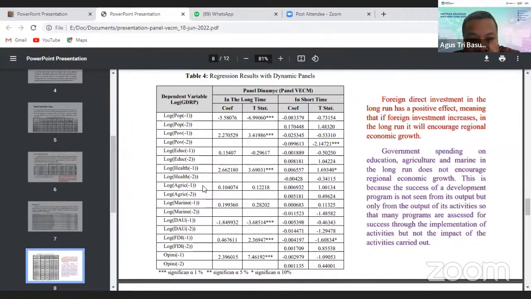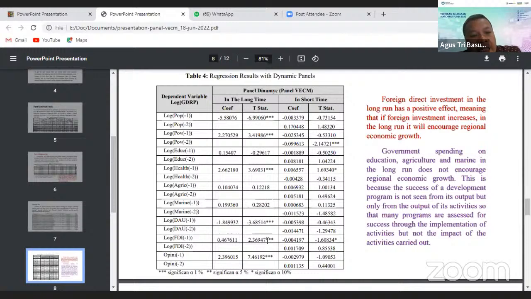Health is significant only at alpha 10%. And foreign direct investment is significant in the long term and significant in the short term. But you can see that in the long term, it has a positive sign.